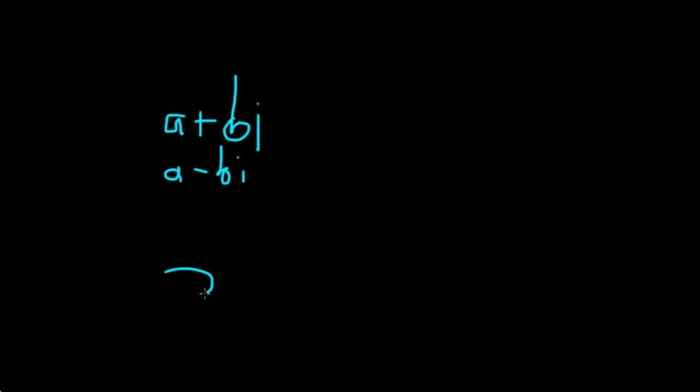So if 3 plus 4i is a 0 of the function f of x equals x to the 3rd minus 4x to the 2nd plus 13x plus 50, what is the other complex 0 of the function?